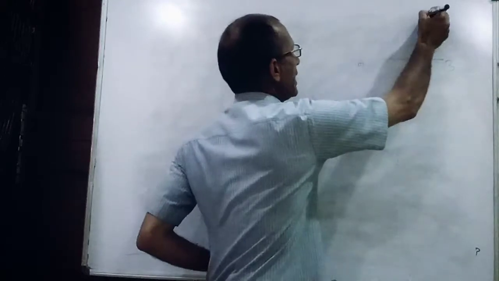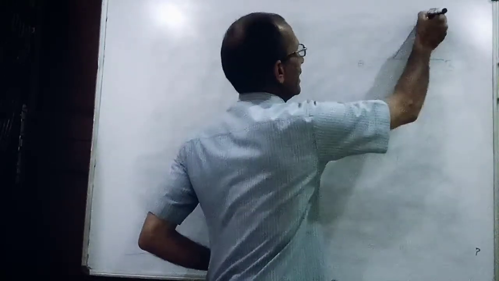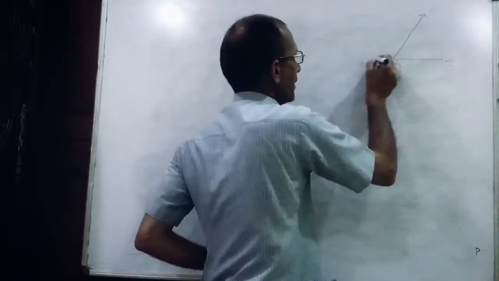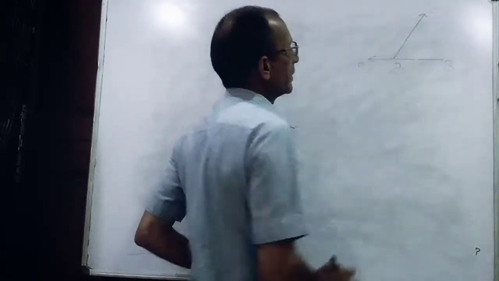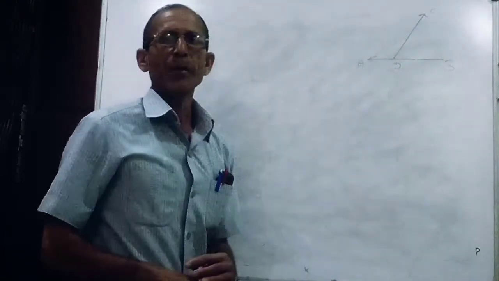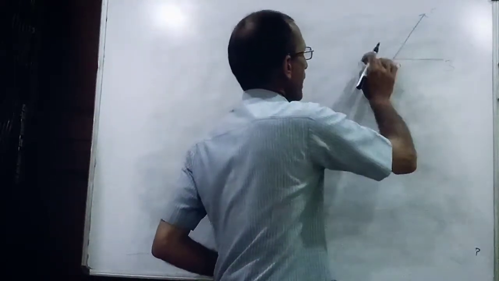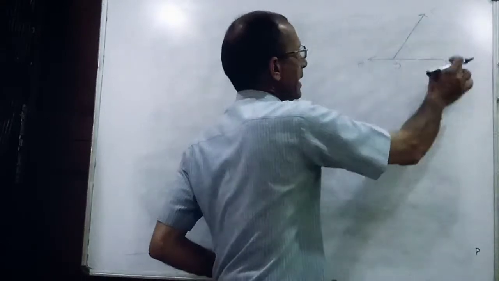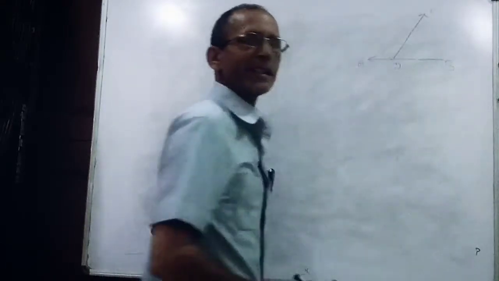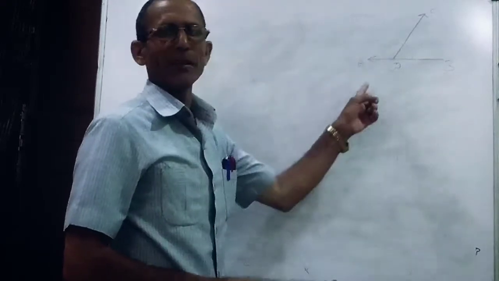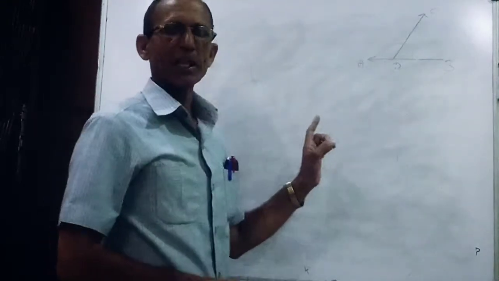And one more line CD is standing on this line. So we have to prove the measure of ADC and BDC is 180 degrees. We know their measure is 180, but we will give proof.